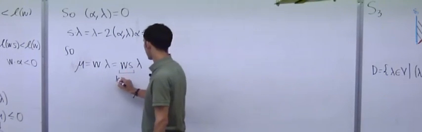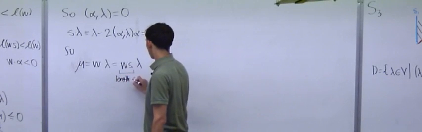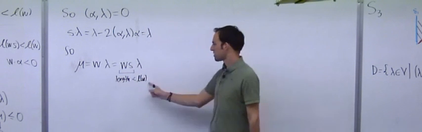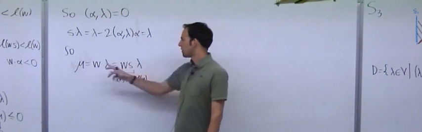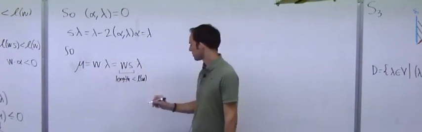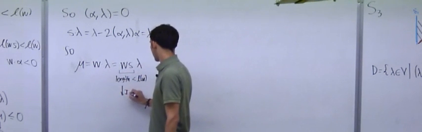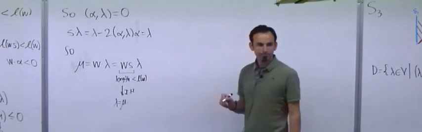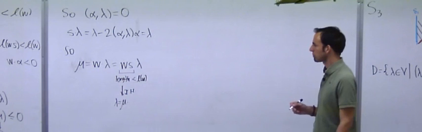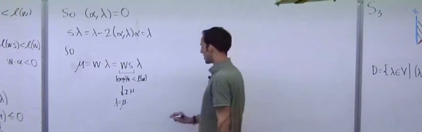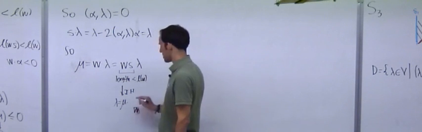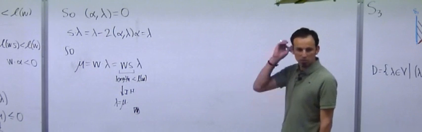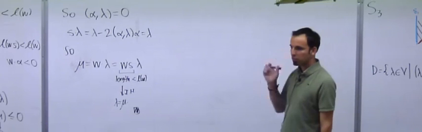This has length less than the length of W. So by the induction hypothesis, mu and lambda must be equal to each other. So by induction hypothesis, lambda is equal to mu. So that proves my proposition. Any questions about this uniqueness proof?